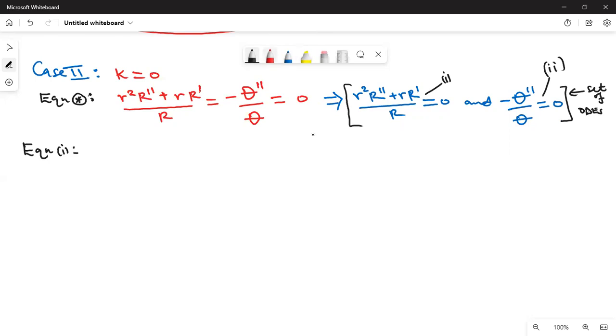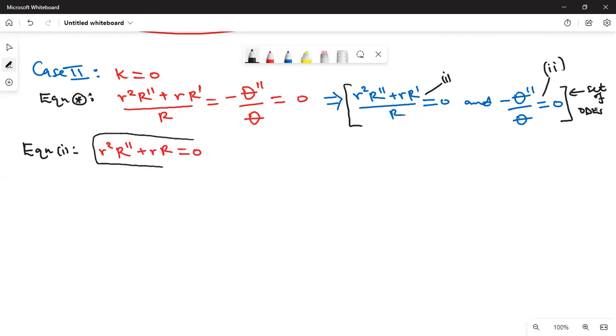If I cross multiply, I don't need to rewrite it again. If I cross multiply, I'll have r squared times R double prime plus r times R prime is equal to 0. This is a Cauchy-Euler equation.